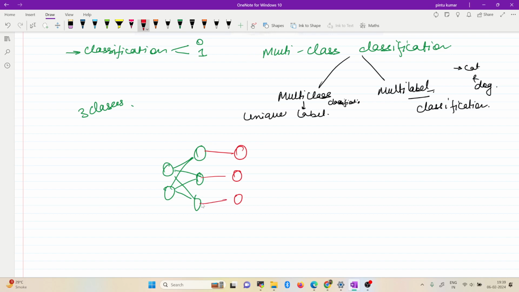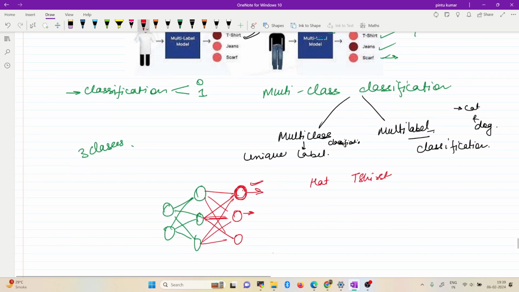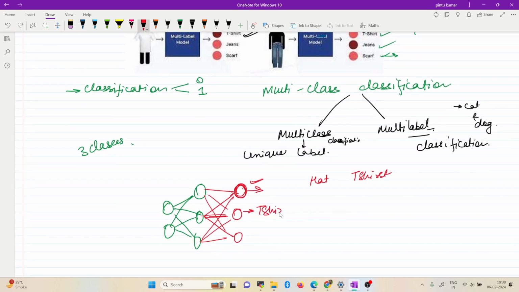The first neuron, if you take this example, hat, t-shirt and jeans, will tell you whether a hat is present or not. The second output neuron will tell you whether a t-shirt is present or not. And the third neuron will tell you whether jeans is present or not.